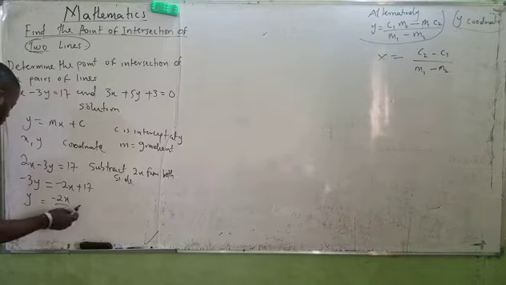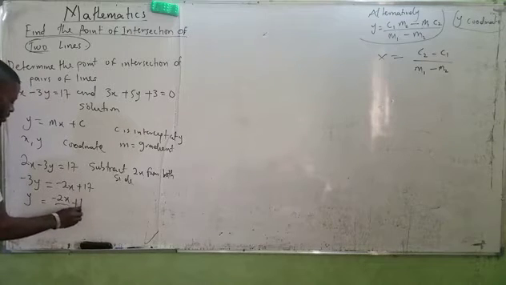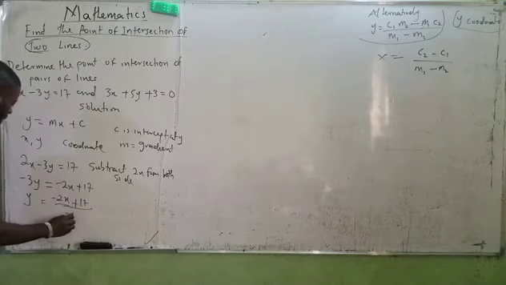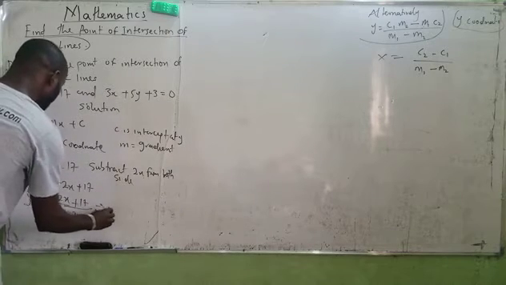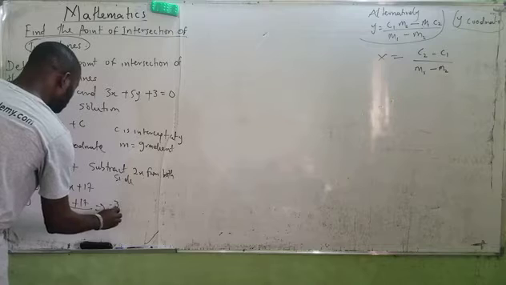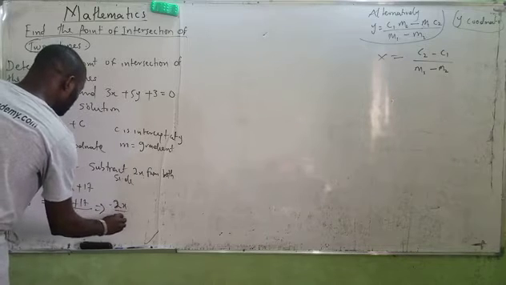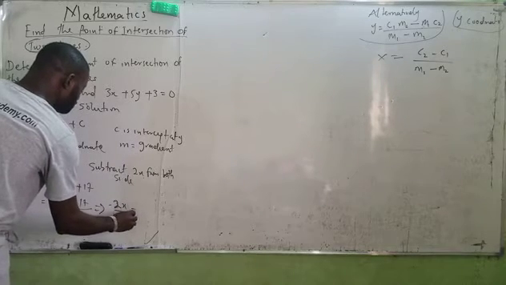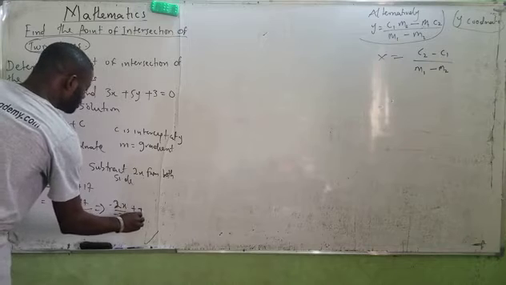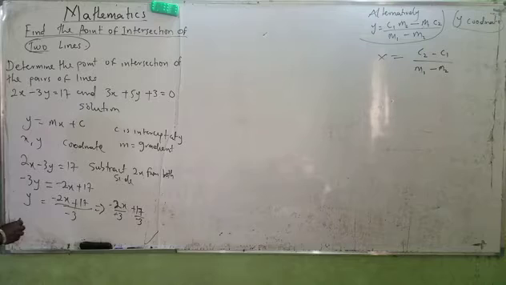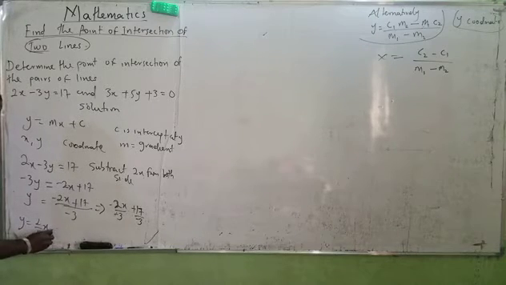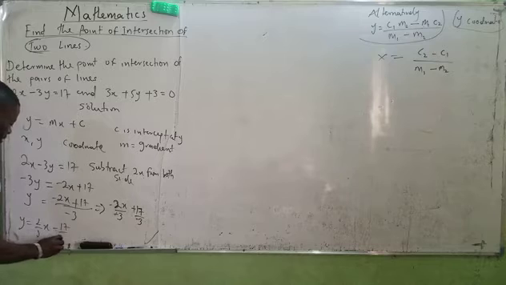Let me just put it like this: plus 17, everything divided by minus 3. By so doing, it implies minus 2x all over minus 3 plus 17 over minus 3, which means y equals 2 all over 3 x minus 17 all over 3.